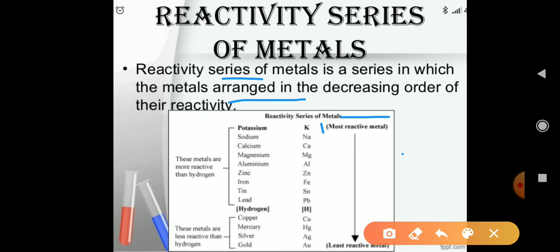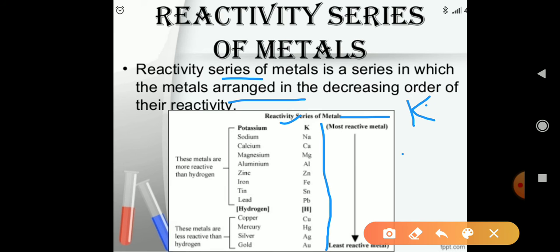From this series we can see the most reactive metal is potassium, having symbol K, and reactivity decreases from potassium downward.